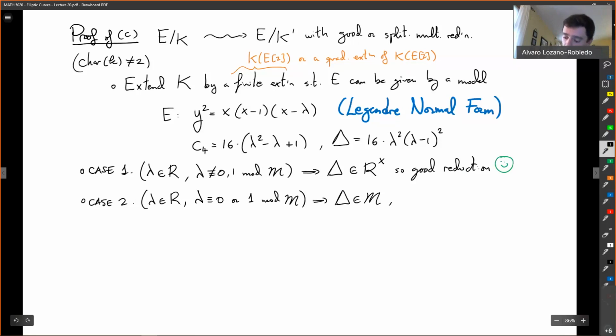But c4: if lambda is 0, c4 is 16, which is non-zero because the characteristic is not 2. If lambda is 1, I still have 16. So c4 is congruent to 16 modulo m, which is non-zero, and therefore the reduction is multiplicative.